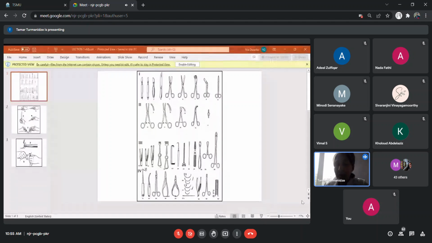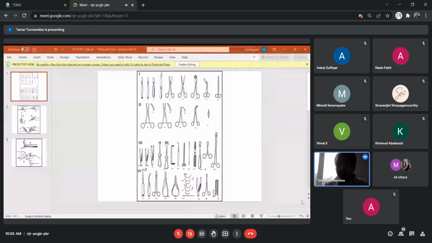Recovery means when the surgical manipulation finishes, all the tissues which were violated during the surgical operation must be restored. So all the tissues must be sutured. This is recovery from the operation.